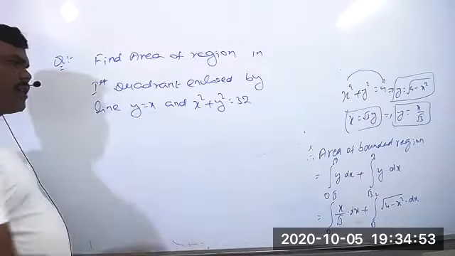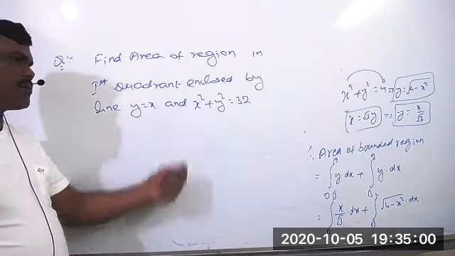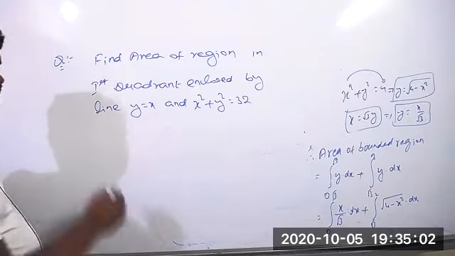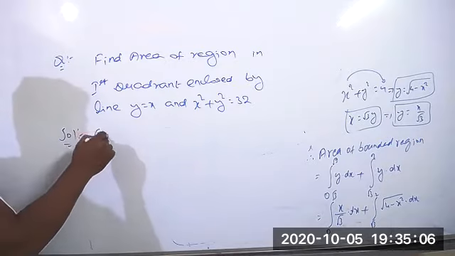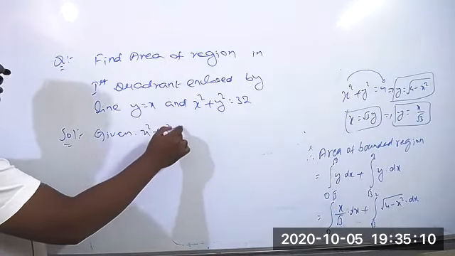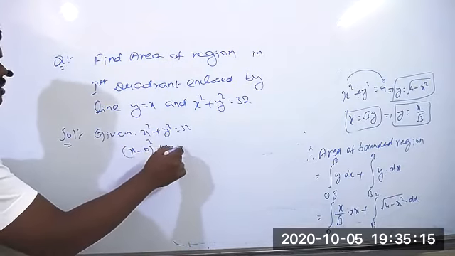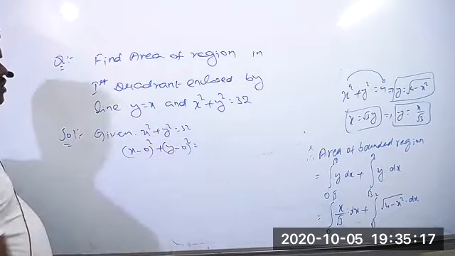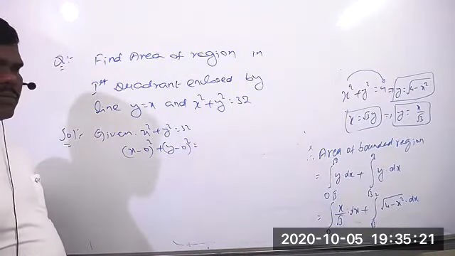If we take the line y equal to x, clearly it passes through the origin, and x square plus y square equal to 32 means here also the center will be the origin only. So given x square plus y square equal to 32, you can write x minus 0 whole square plus y minus 0 whole square is equal to, how to write the 32?